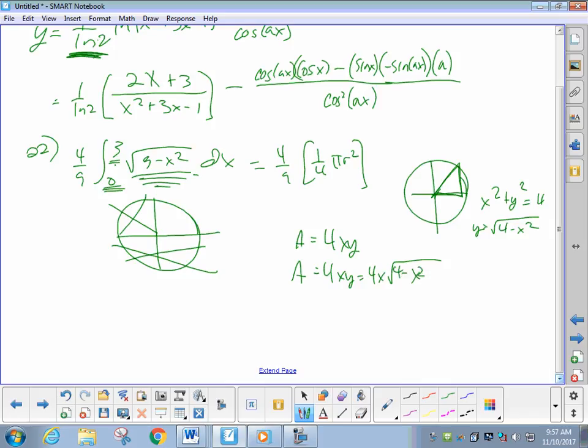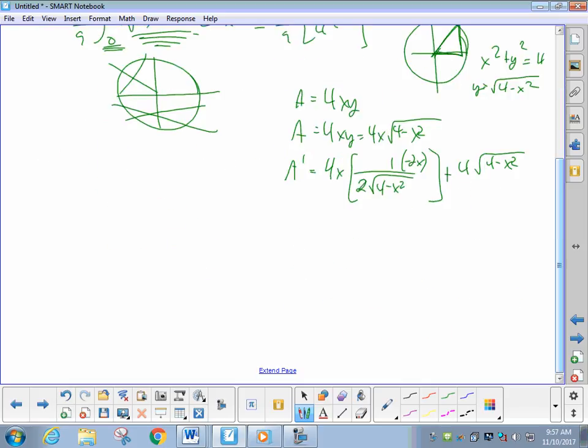Wait. The derivative was first stays the same, derivative of the second times negative 2x, plus 4 root 4 minus x squared. Yes? Okay, I took out a 2, and so with a common denominator of root 4 minus x squared, this first one was negative 4x squared, and this one became 4 minus x squared.